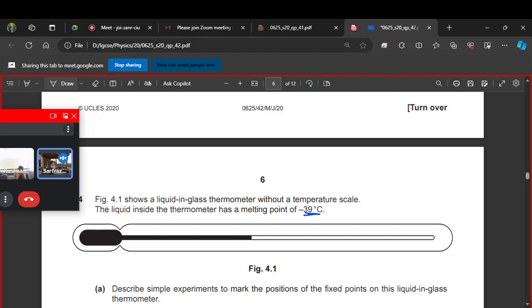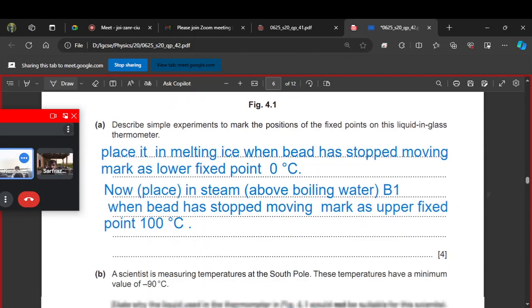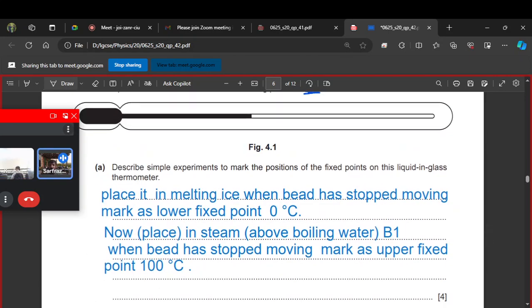What method will you use for marking the lower point and highest point? Sir, our school physics teacher said thermometers have been removed from our syllabus. You mean you are saying that we should not solve this one? Okay, fine. So we will skip this part.